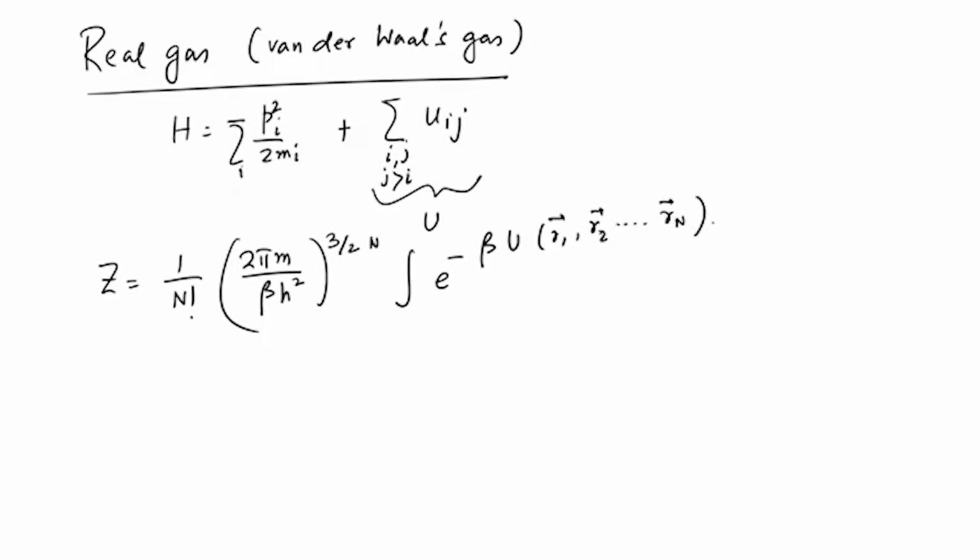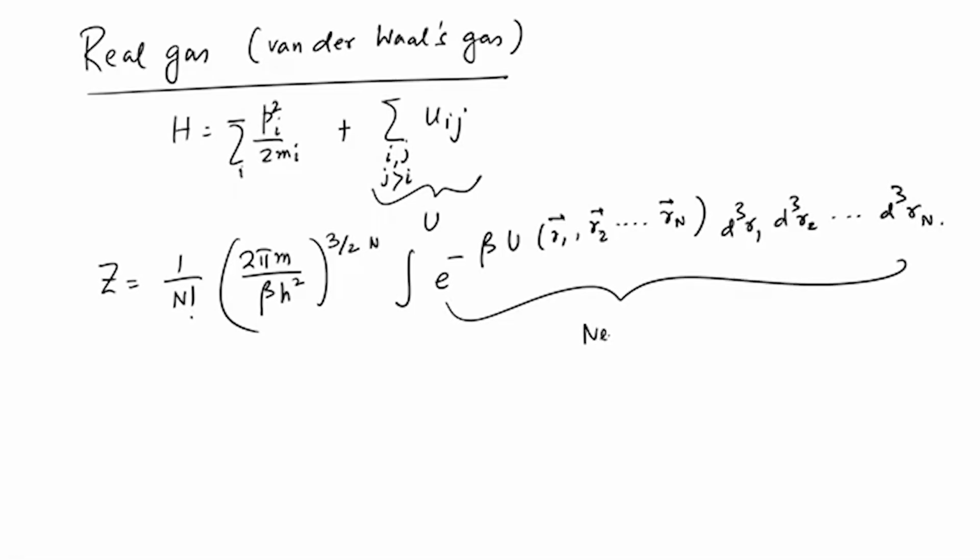There are n particles, and then we have to do this coordinate integral: d cube r1, d cube r2. Let me not put the vector, but it means that it is a volume integral all the way up to d cube rn.